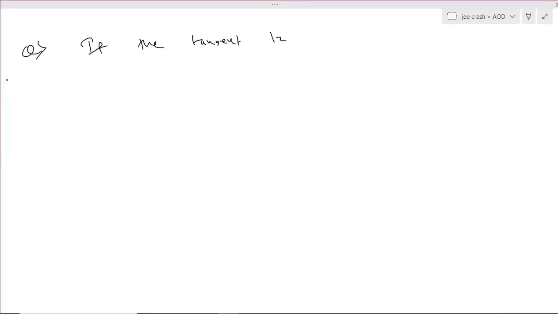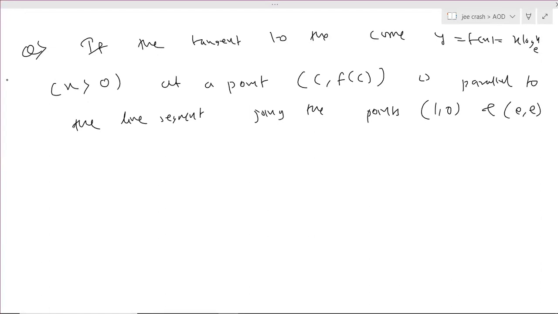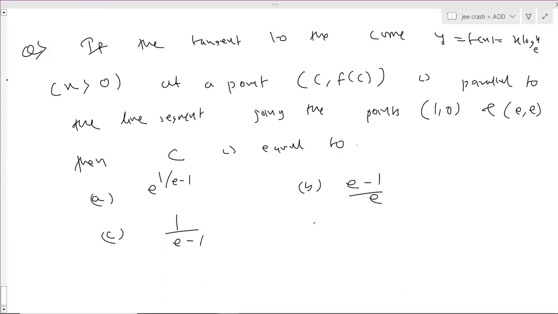If the tangent to the curve y equals f of x equals x log x to the base e, where x is positive, at a point c comma f of c is parallel to the line segment joining the points 1 comma 0 and e comma e, then c is equal to: a, e to the power 1 upon e minus 1; b, e minus 1 upon e; c, 1 upon e minus 1; d, e to the power 1 upon 1 minus e. All right, please solve this. Very easy question.